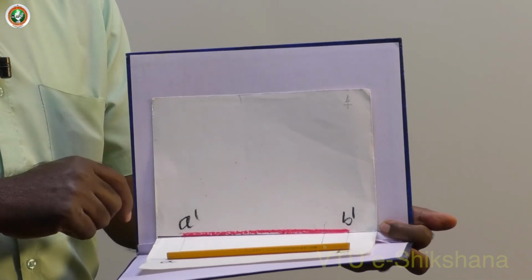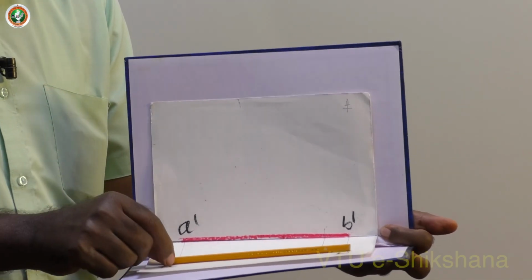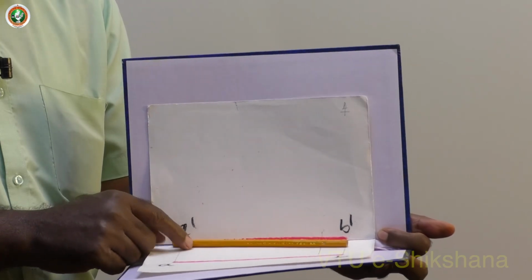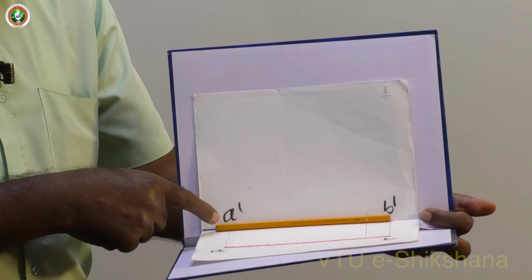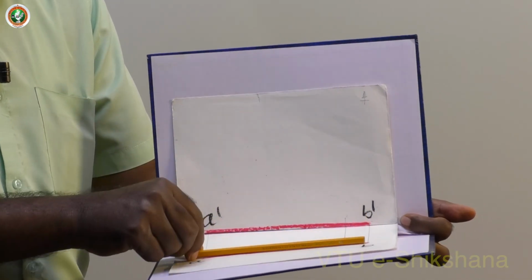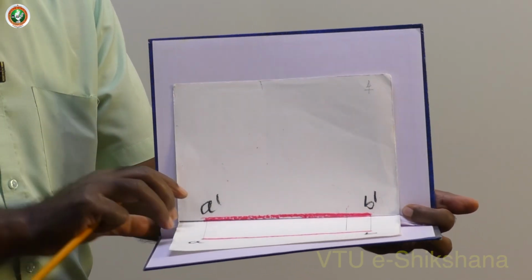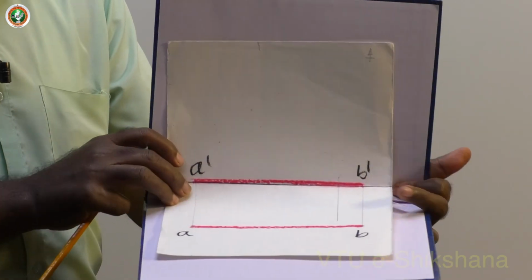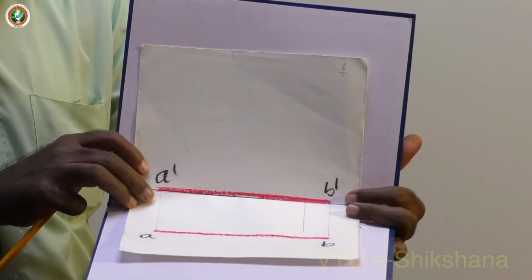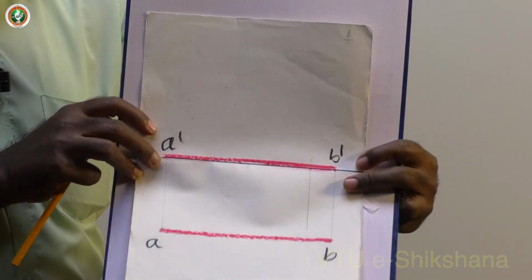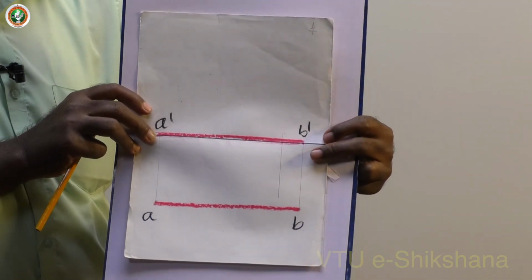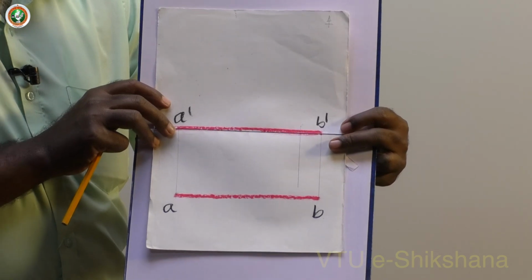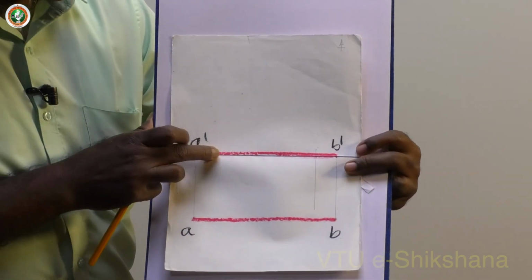This line itself is the top view. Now I will project it onto the VP. It coincides with the XY line. So this is the front view and this one is the top view. Let me remove the actual line and then rotate the horizontal plane by 90 degrees. So you will get the projections of the line on HP and VP. This is the front view, this is the top view.